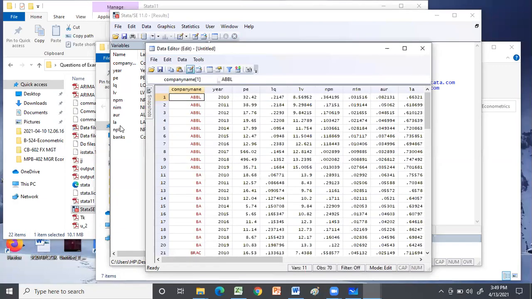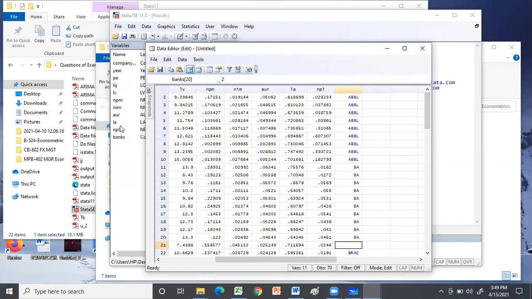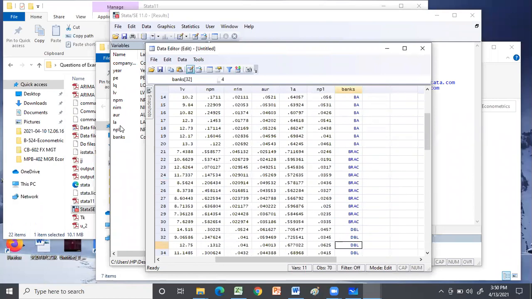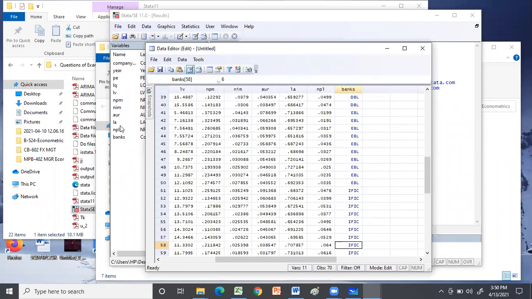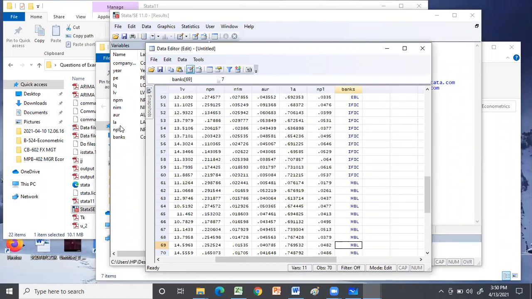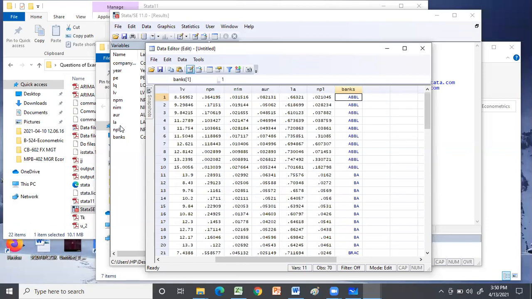If you just look at that, here ABBL, this is the first bank, then Bank Asia, then BRAC Bank, then Dutch Bangla Bank, Eastern Bank, IFIC Bank, and Mutual Trust Bank. Okay, so these are the 7 banks which have been taken under the variable name banks.